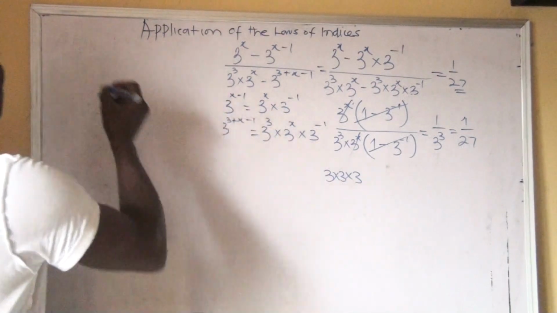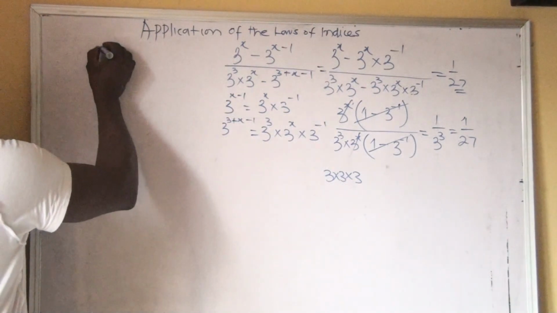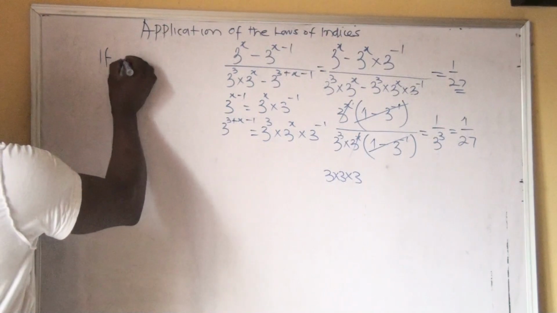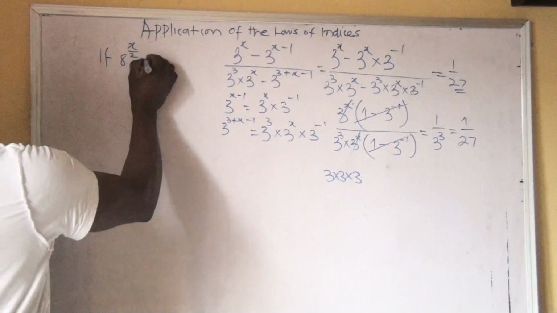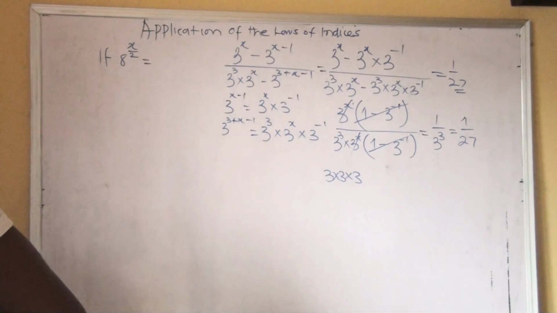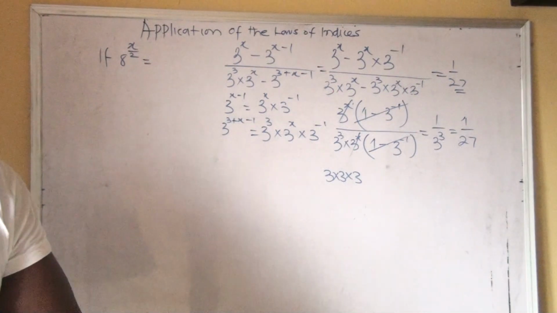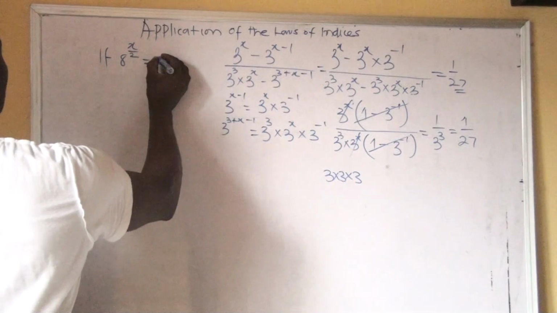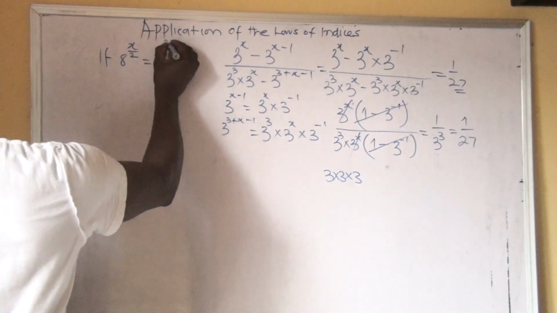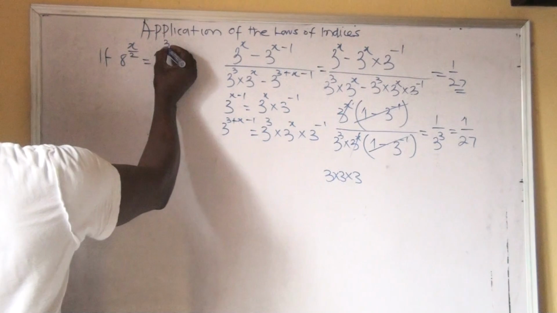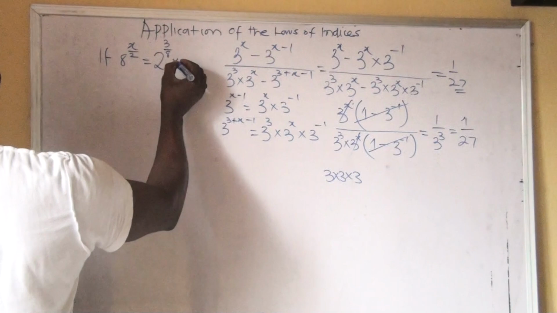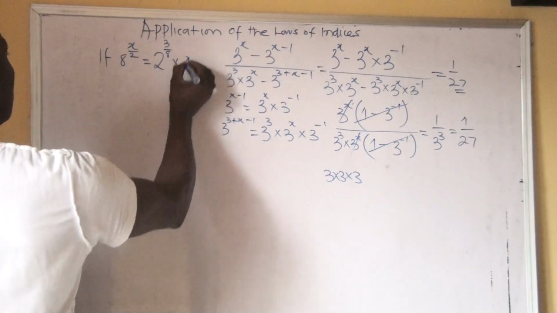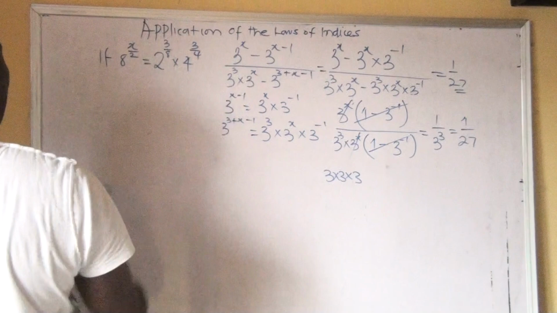Say if we have 8 raised to the power x over 2 is equal to 2 raised to the power 3 over 8 times 4 raised to the power 3 over 4.